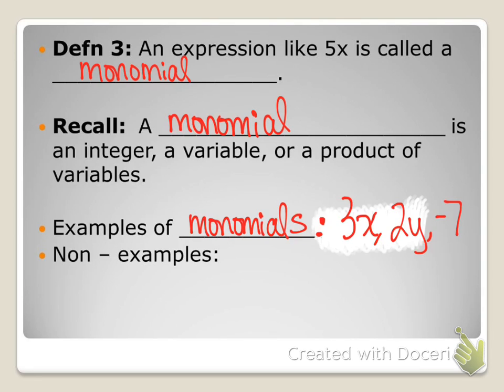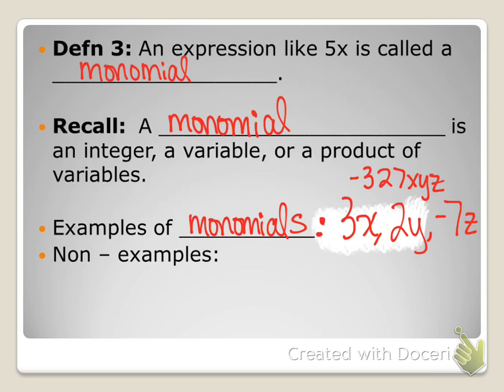Negative 7z. -7z, we could throw a negative in there. Okay, I'm going to throw another one up there that is a monomial. I'll write it above. I'm going to call it negative 327xyz. Put all of your ideas together. This is still a monomial. Even though we're using a negative, even though we've got multiple variables, it's still considered one term because all we're doing there is multiplying all of those things together. It's just one big product.